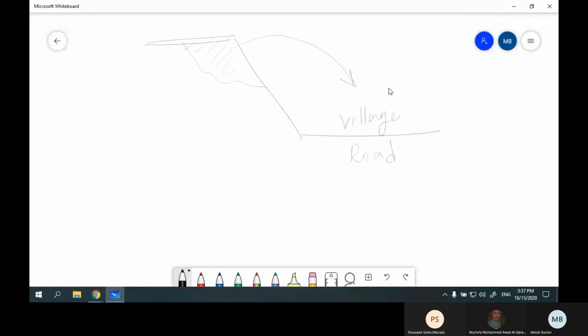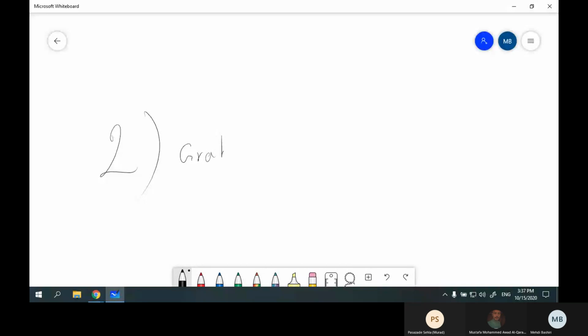Okay, the second one is graben. What is graben? For example, you have earth. This is your ground surface, and because of the earthquake, you may have a shape like this.